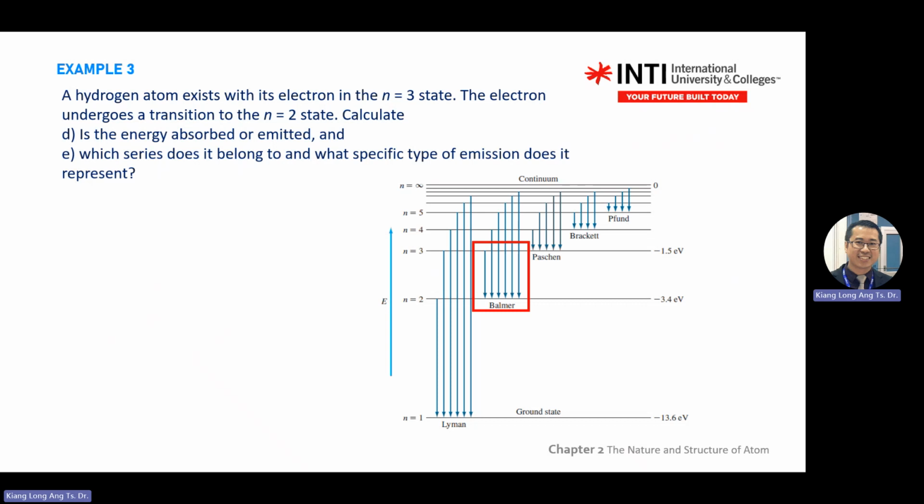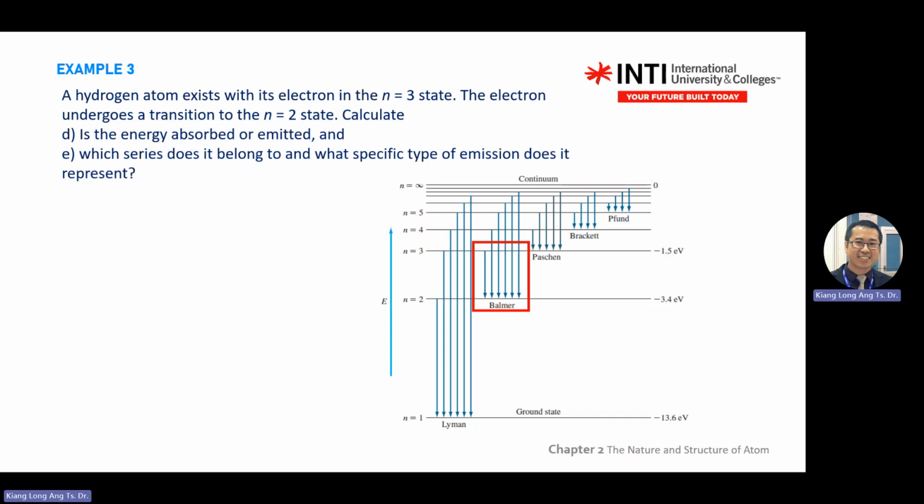Okay. Now try to think whether you know how to do. If I reverse this question, I will tell you a hydrogen atom belongs to a Balmer's type of emission. During the emission, the n position is at number 2. Actually, I don't need to mention number 2.